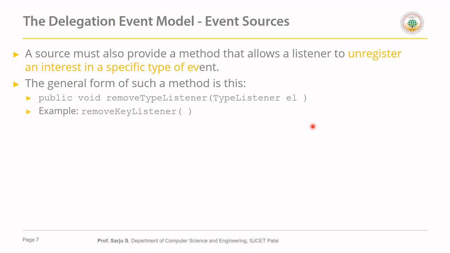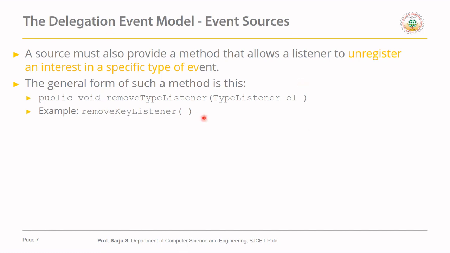Then event sources, which we already discussed, is the place where the event happens. We already discussed how we can register a listener to the source by using add type listener. If we want to remove an already registered listener from a source, we can use the remove type listener method.